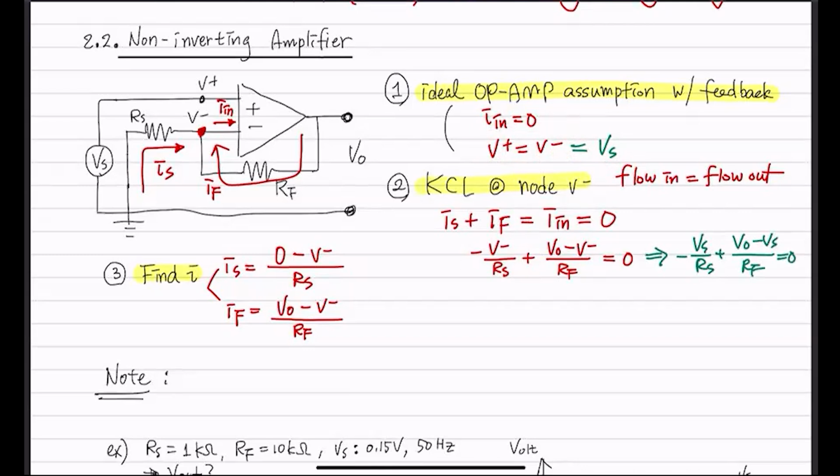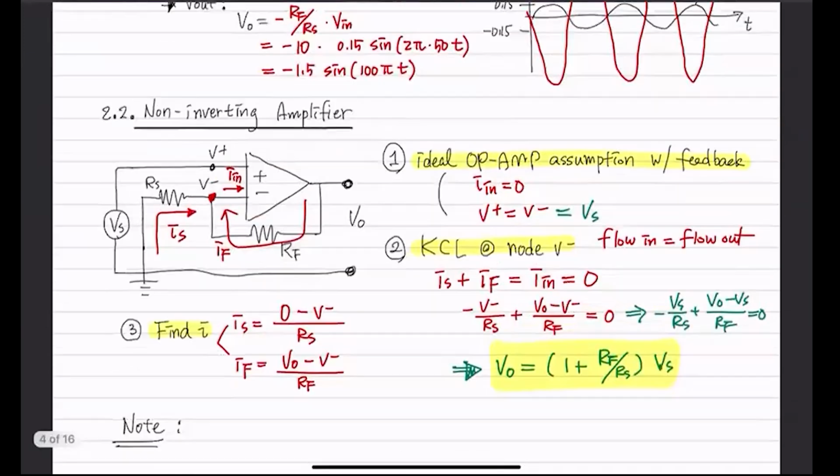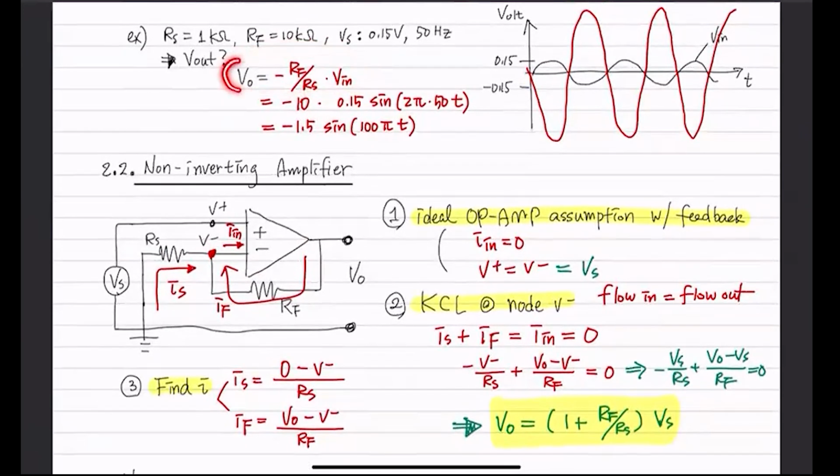And after you do a little bit of math, you're going to get your output voltage is 1 plus RF over RS times Vs. So our output voltage, V out, is 1 plus RF over RS times Vs. Okay? It's slightly different from what we had for the inverting amplifier, where your output voltage was negative RF over RS times Vin. Here we have 1 plus that term.